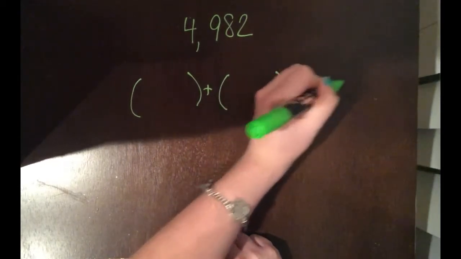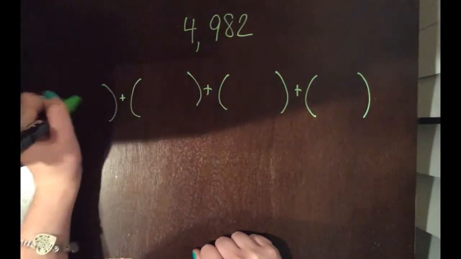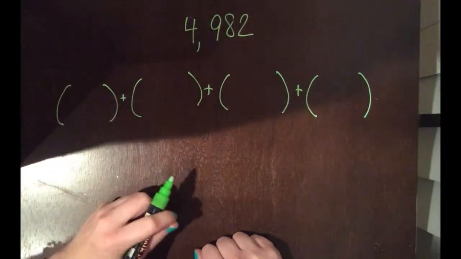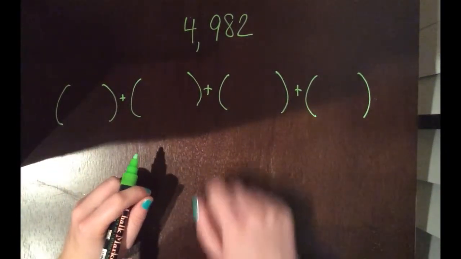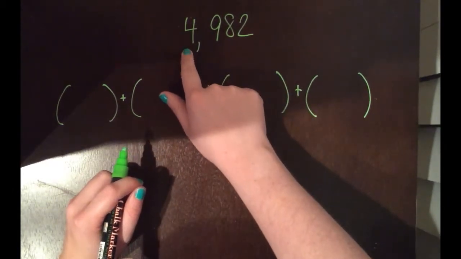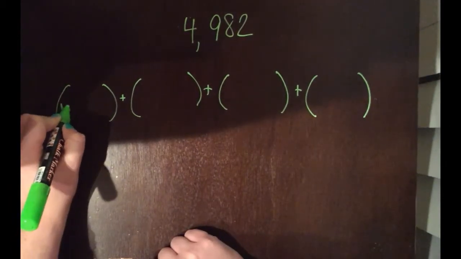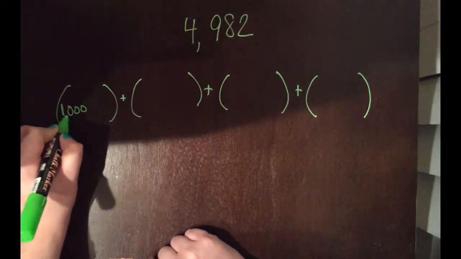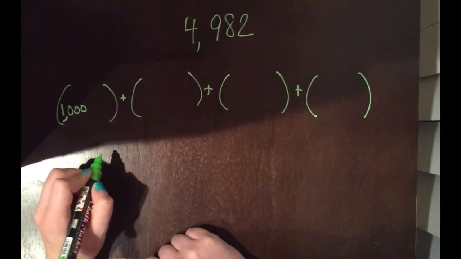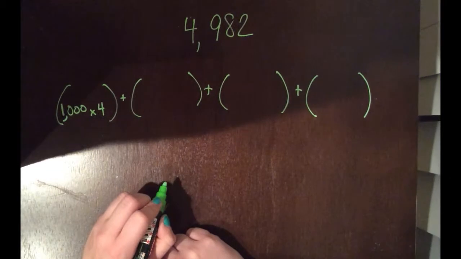And I'm running out of room, so I'll put one here. Okay, and you're going to look at the place values and see, okay, what place value is it? Now I know that the 4 is in the 1,000s place value, so I'm going to write a 1,000 to represent that place value. And then I'm going to multiply it times 4.